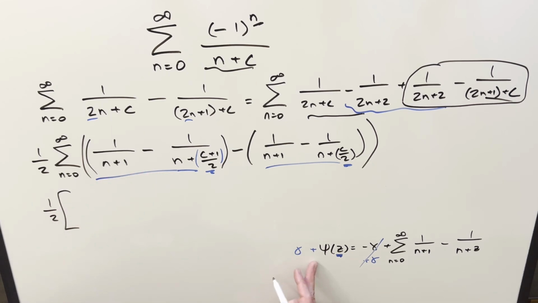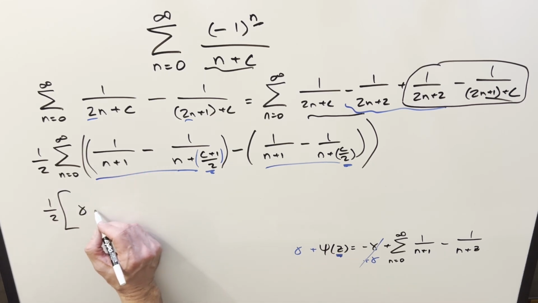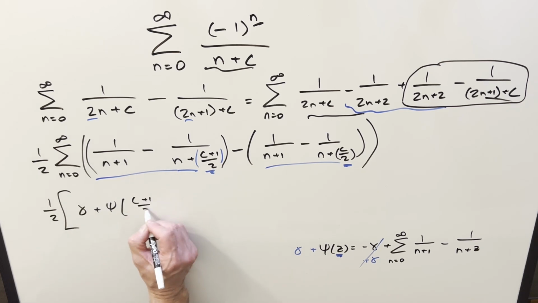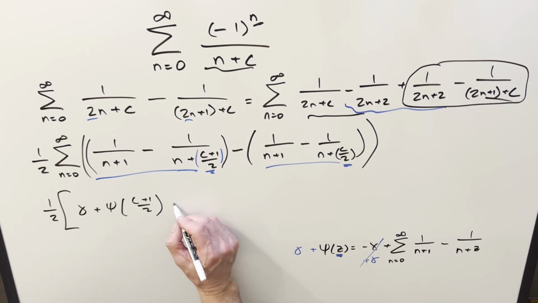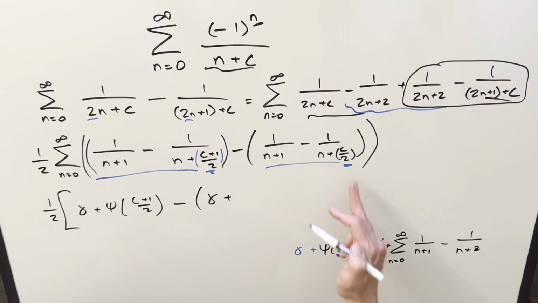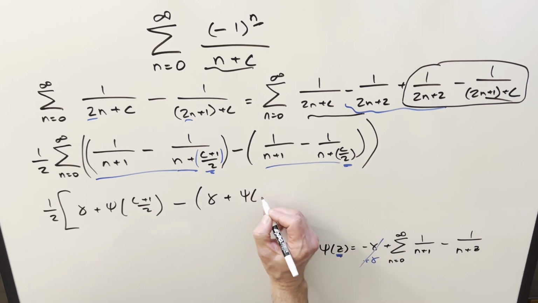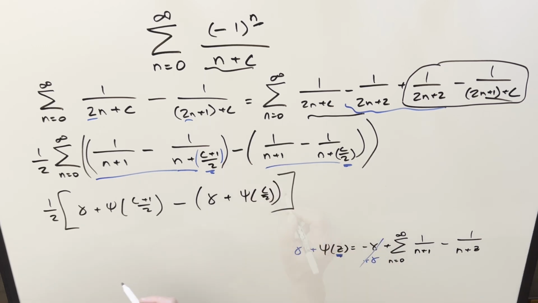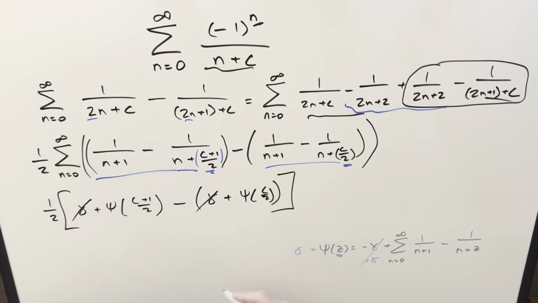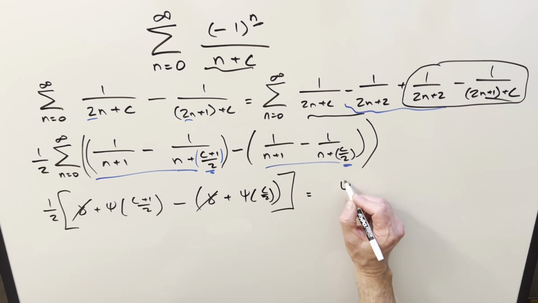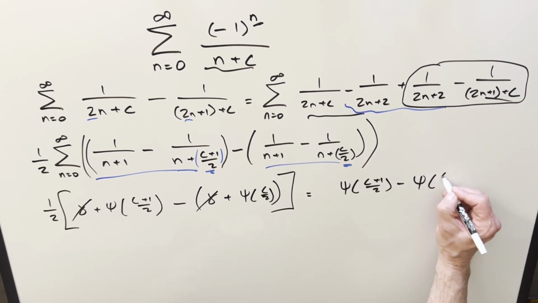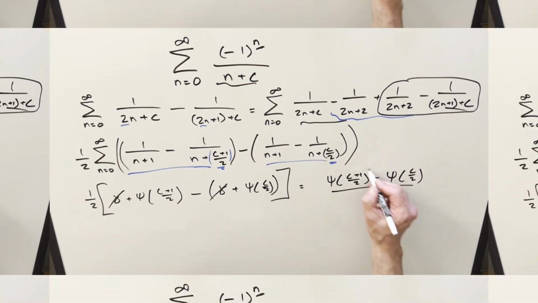This piece will be the Euler-Mascheroni constant plus Digamma of the input, c plus 1 over 2. Then minus, again, the Euler-Mascheroni constant plus Digamma of c over 2. When you distribute the minus sign, the constants cancel out. So our formula is Digamma of c plus 1 over 2 minus Digamma of c over 2, all over 2, and that's it.